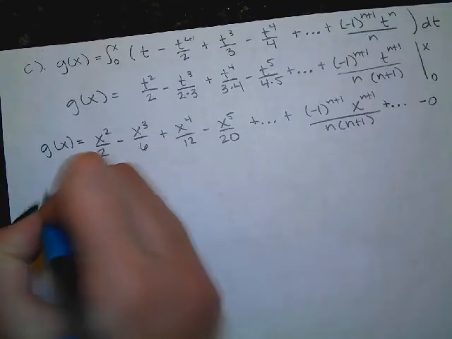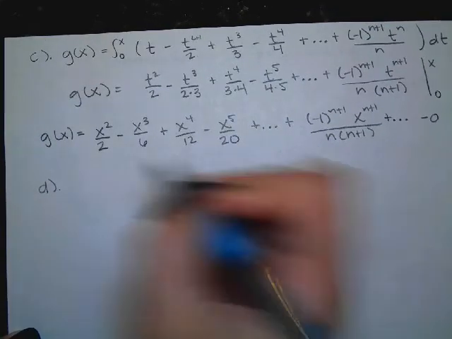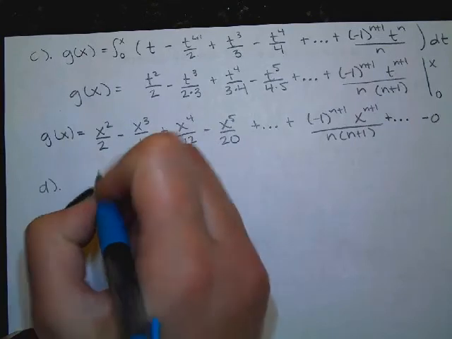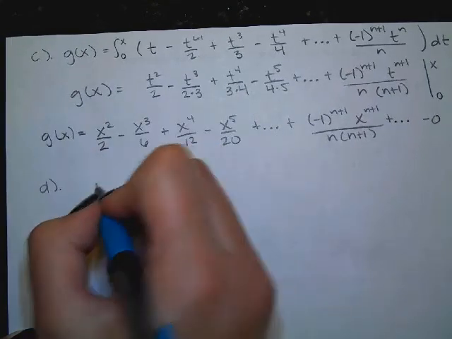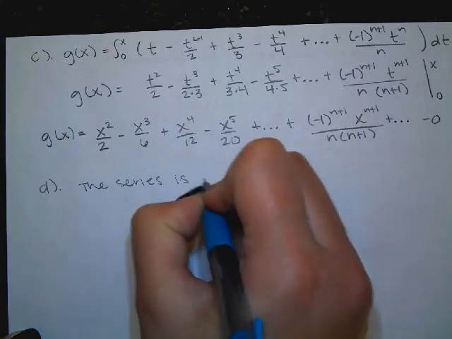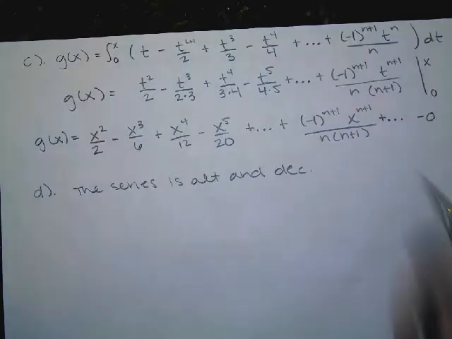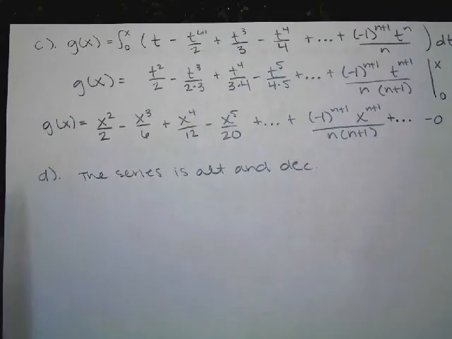I don't know if we need to say this since they told us to use the alternating series error bound, but I'm going to say that the series is alternating and decreasing. I'm just saying that real quick because those were the two things you needed for the alternating series error bound, and I'm just being careful.